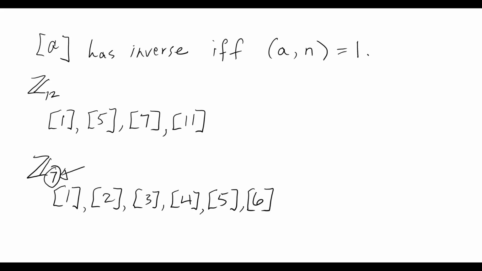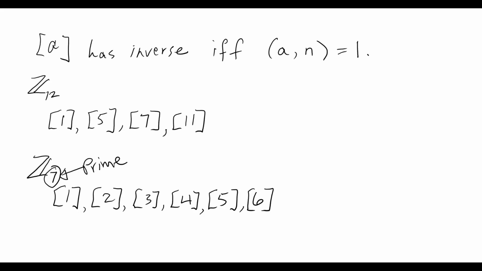Because 7 is a prime number, every non-zero element in Z7 will have a multiplicative inverse, because every such element is going to be relatively prime to 7.